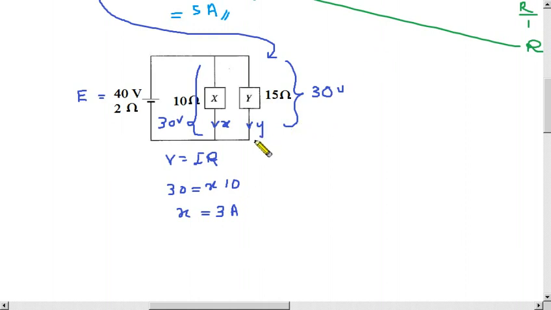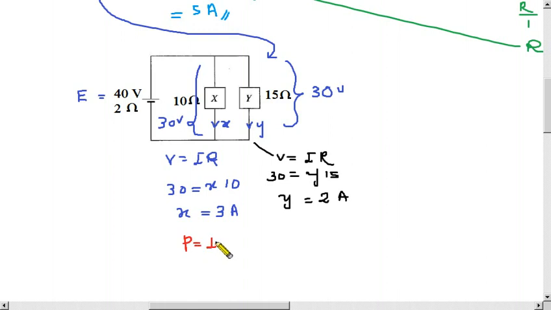So here the current is Y, voltage is 30, resistance is 15. So Y, the current, equals 30 divided by 15, which is 2.